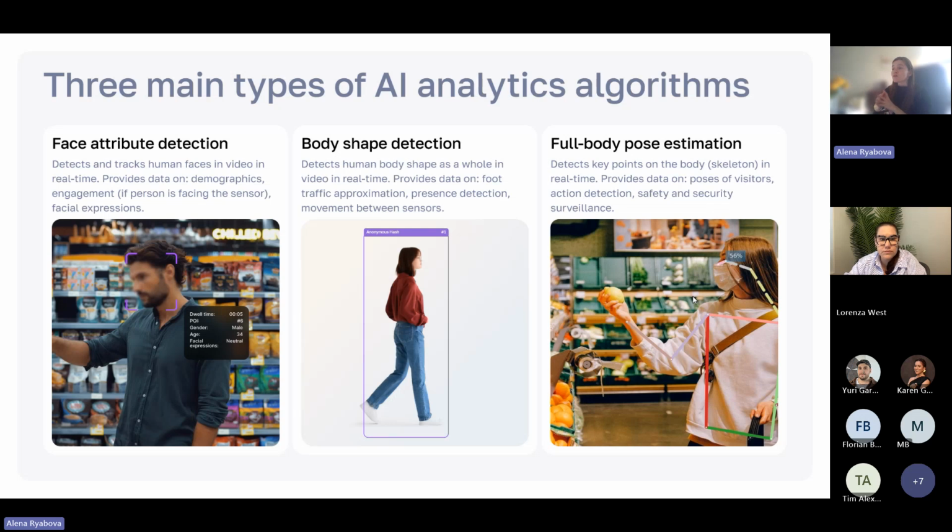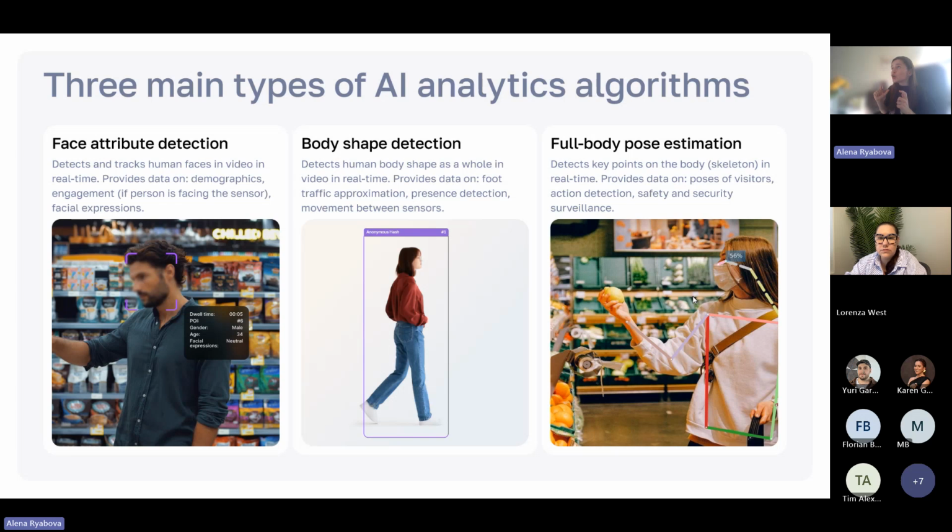Let's talk about different types of analytics algorithms, because there is not only one of them in the market. There are mostly three most important types of algorithm: face, body, and full body estimation. Face attribute detection is everything that works with faces. Body is working with body. And the last one is the algorithm that detects key points on the body, like a skeleton of the body.